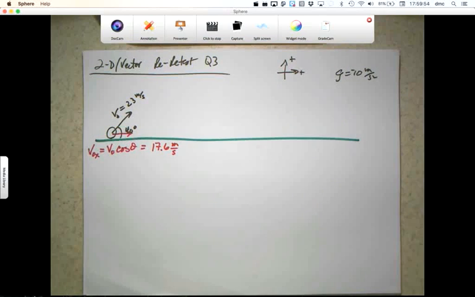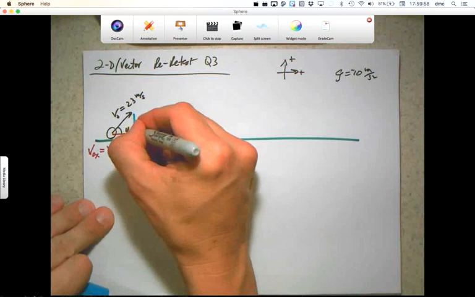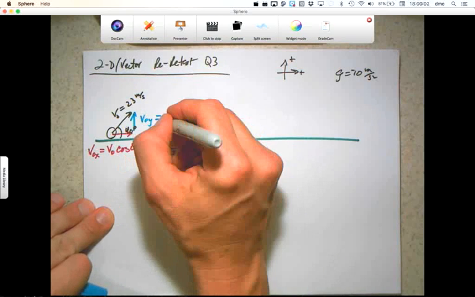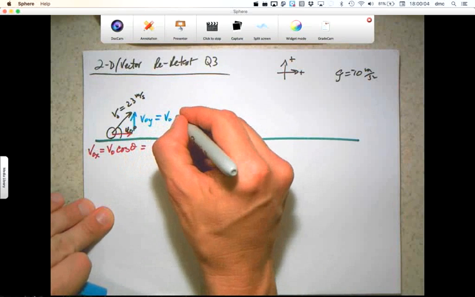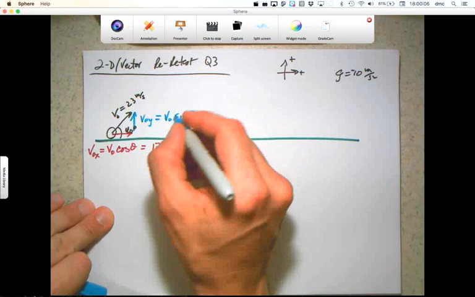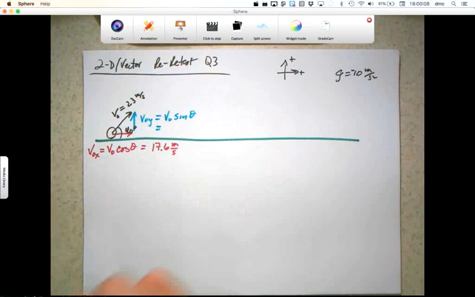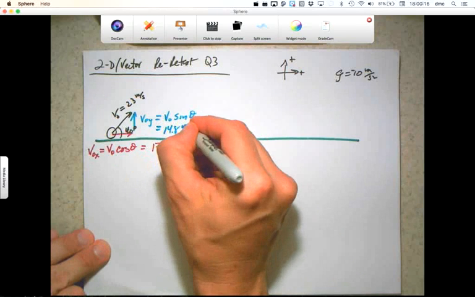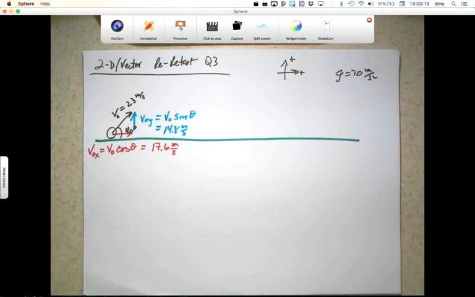And the initial y velocity goes this way, so the initial y velocity is v0 sine theta, so that's 23 times the sine of 40, which gives me 14.78, so that's going to be 14.8 meters per second. Okay.